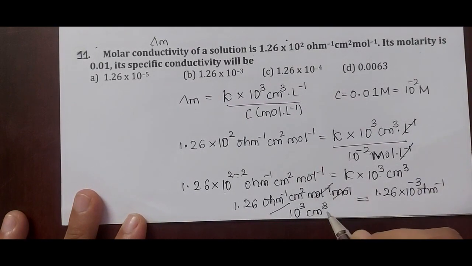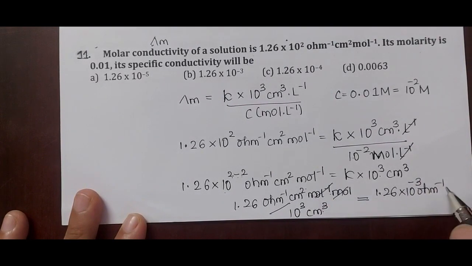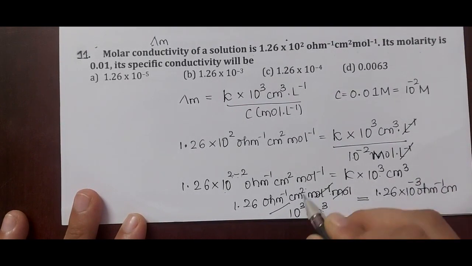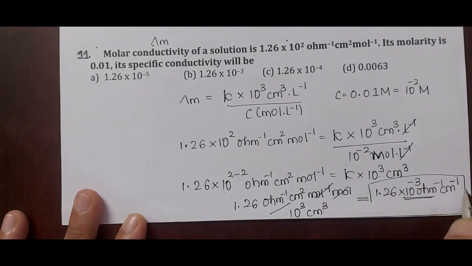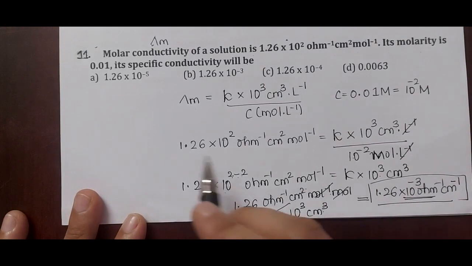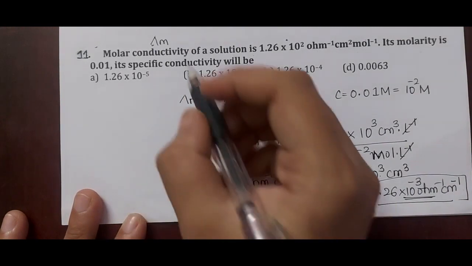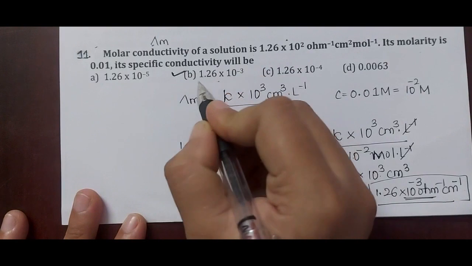Mole per mole gets cancelled, cm cube goes up, so cm 2 minus 3 we get as minus 1. So per ohm per centimeter, and according to this, the correct option is option B. So the correct answer is option B.